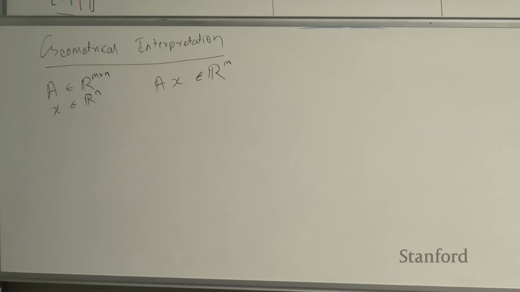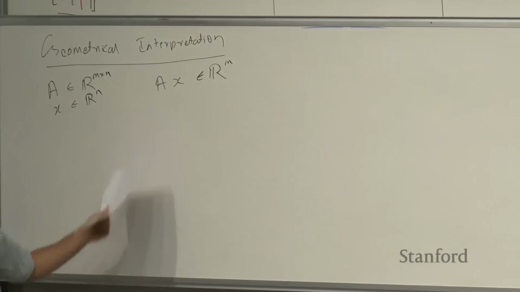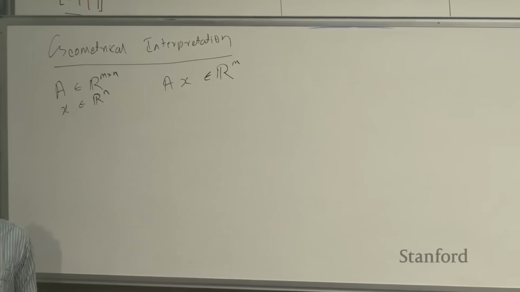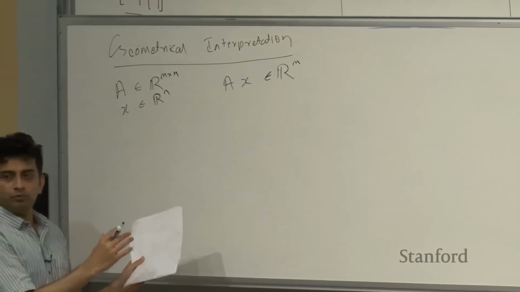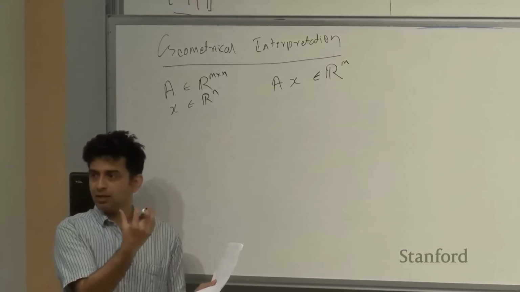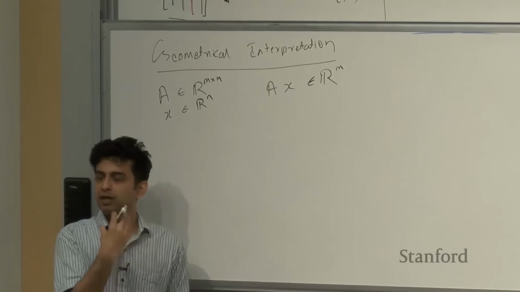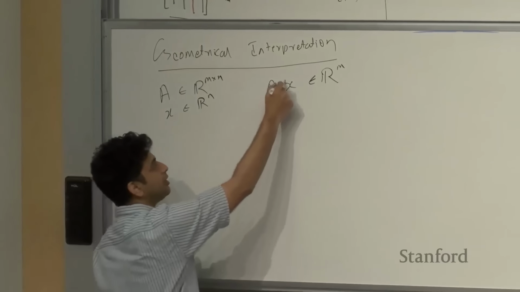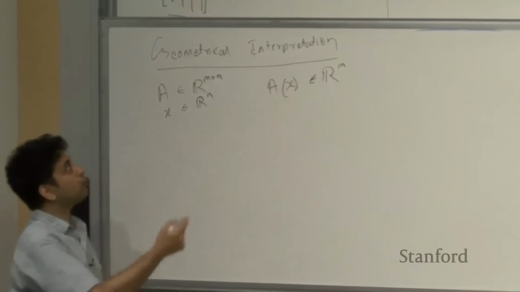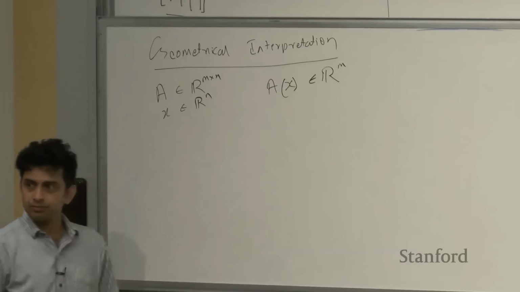But an even more useful way to think about this is to think of A as some kind of a function. We've been looking at the matrix as a set of numbers, right? So stop thinking of it as a set of numbers, but think of it as a function that takes x as input and outputs that vector.